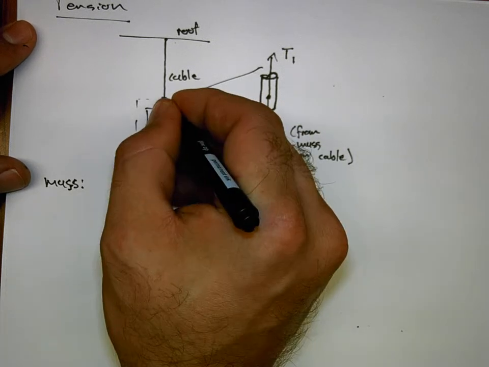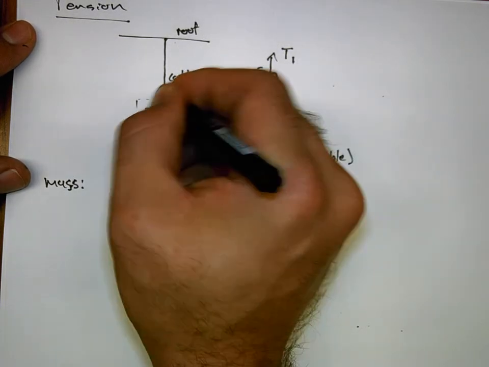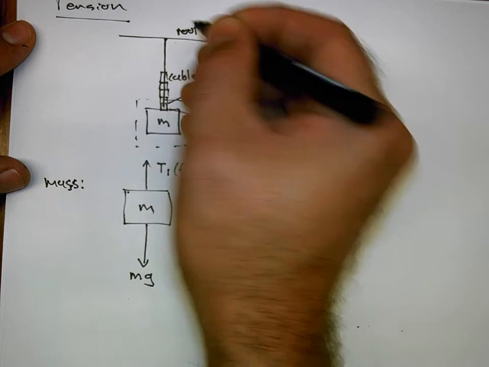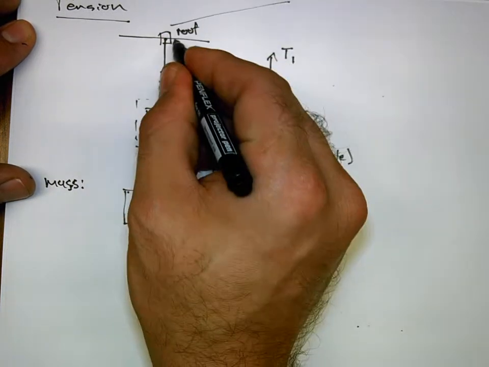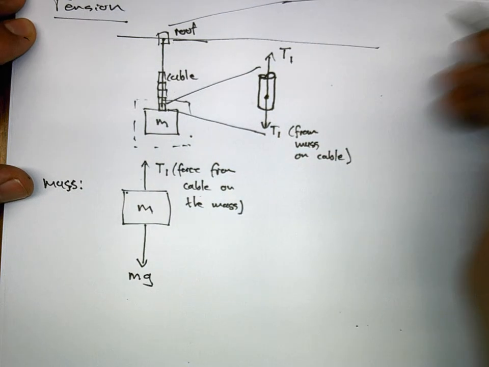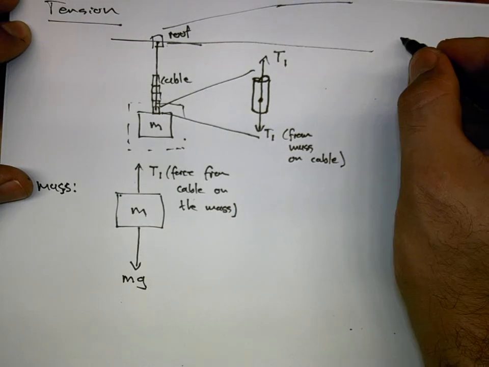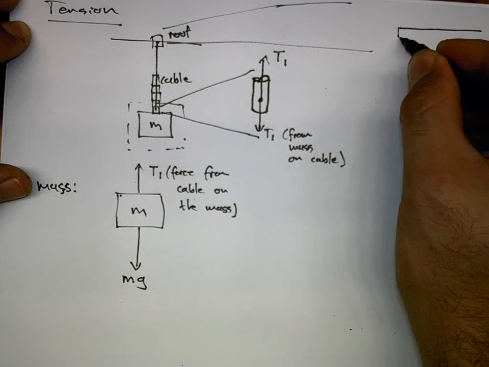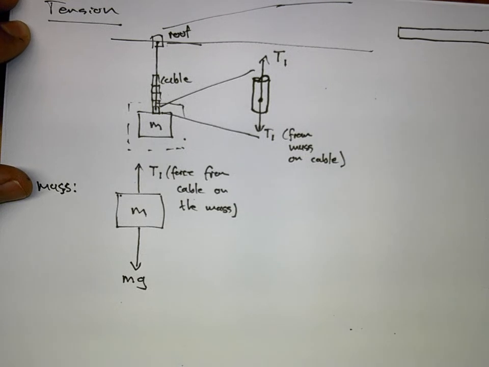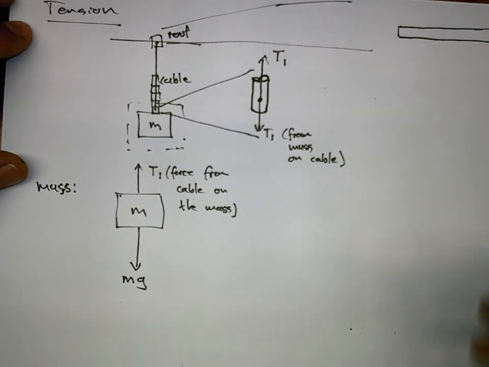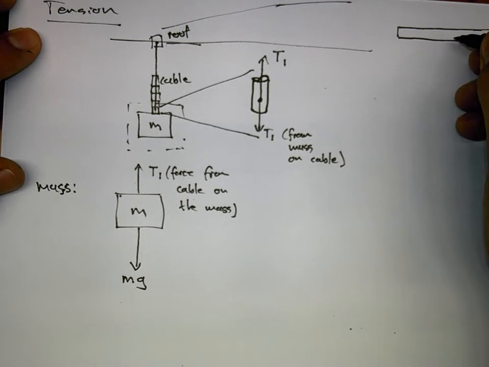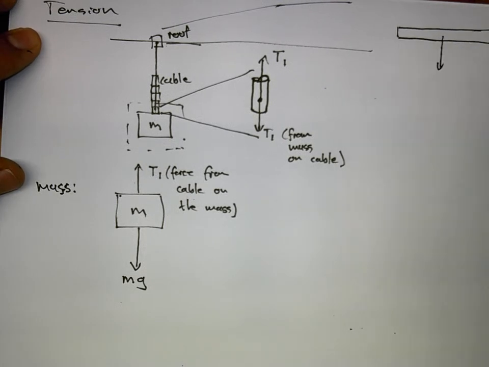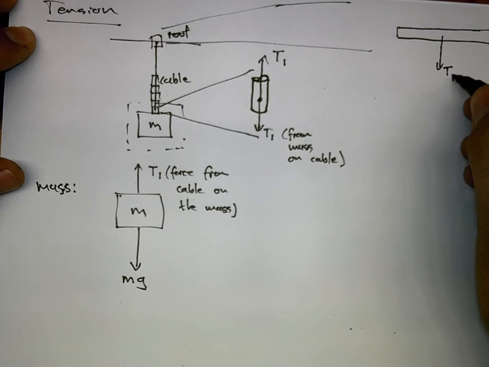And we can do this for every section in the cable, all the way up to right here where we've got the roof. And if we were to look at that, so we zoom in on that, we've now got the roof. So there is a force from the cable on the roof, which will just have to be equal to, again, the tension.